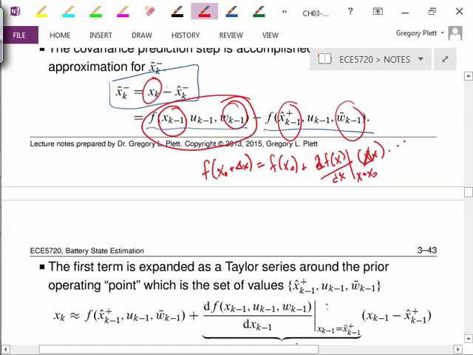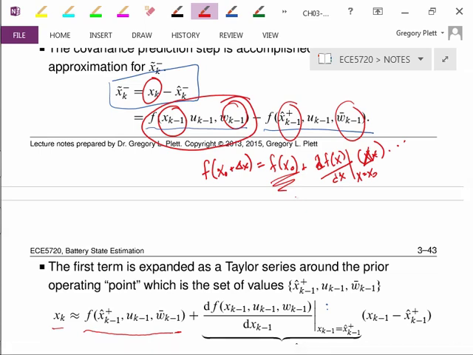So x k, we're saying, is going to be approximately equal to, because we're going to be truncating this infinite series expansion, we're not keeping all of it, the f evaluated at the set point, and we're choosing the set point to be the input x variable equal to x hat k minus 1 plus, and the input w variable equal to w bar, and then plus the derivative of the function with respect to the first variable, evaluated at the first variable equal to that input, times the first variable minus that value.